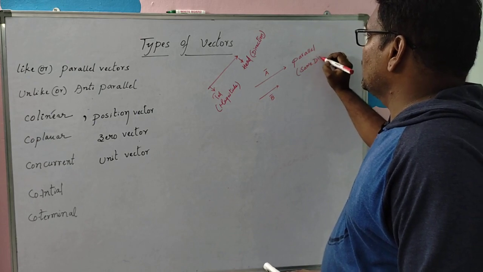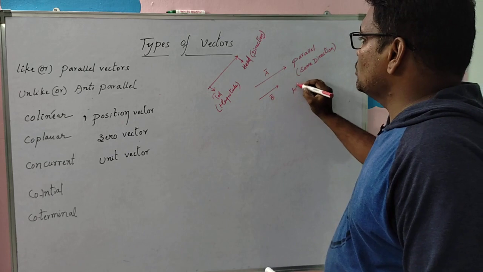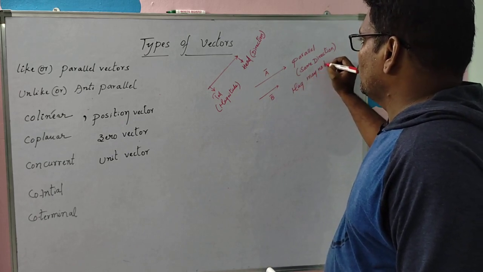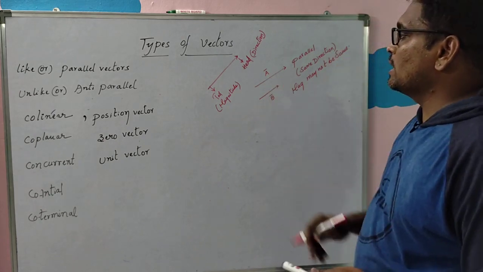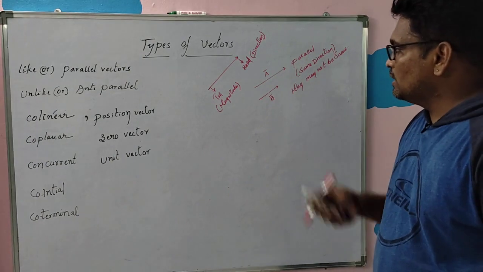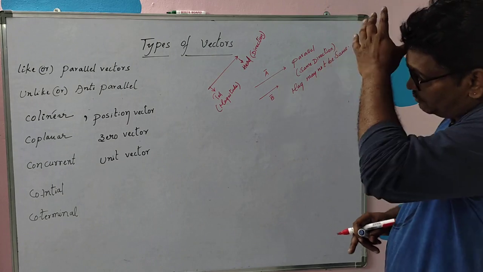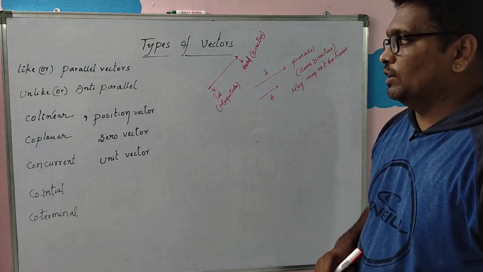They are maintaining the same direction, but magnitude may not be the same. Such vectors which are parallel to each other with the same direction, maybe with a different magnitude, are called parallel vectors or like vectors.